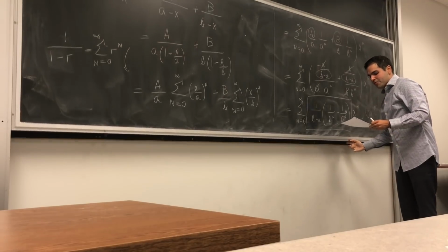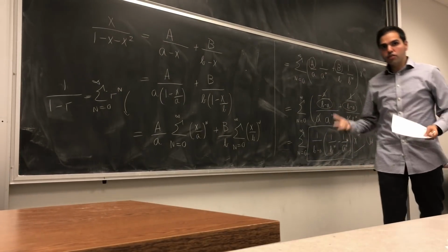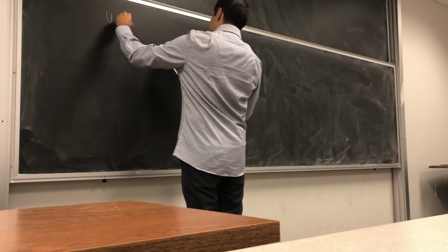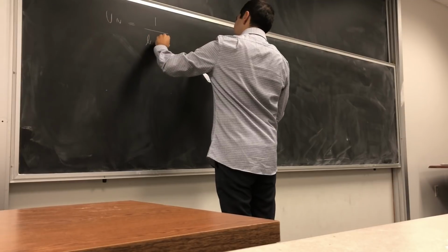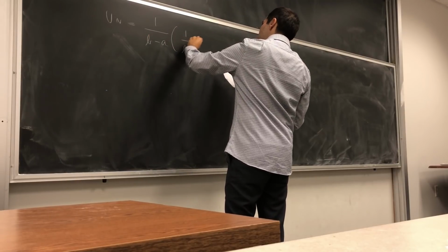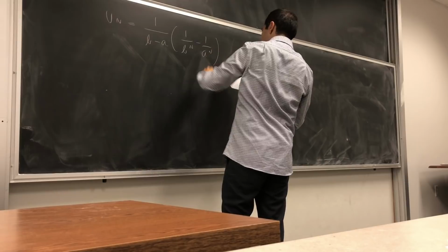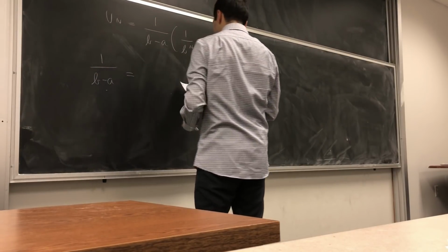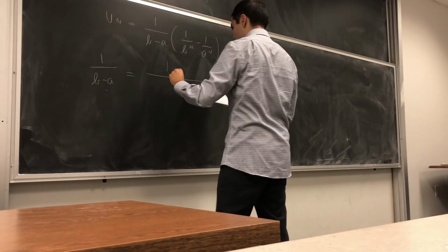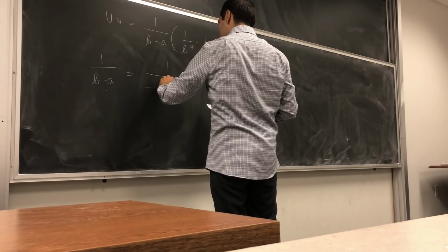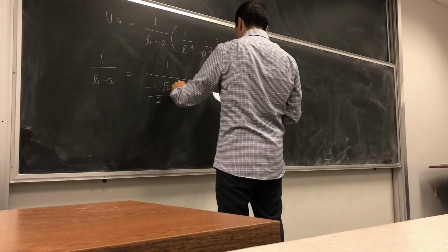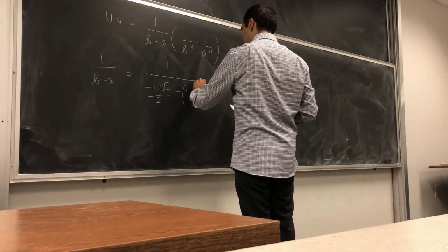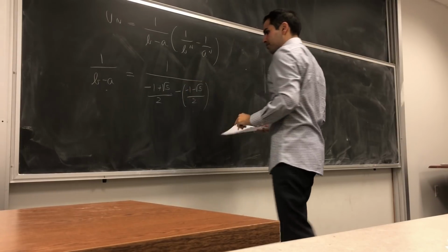So let's write this more explicitly, because it turns out there's a nice simplification. Okay, last step. So un, we know that it's 1 over b minus a, 1 over b to the n, minus 1 over a to the n. Okay, let's calculate this. 1 over b minus a, that's 1 over minus 1 plus square root of 5 over 2 minus, so in other words, minus 1 minus square root of 5 over 2.